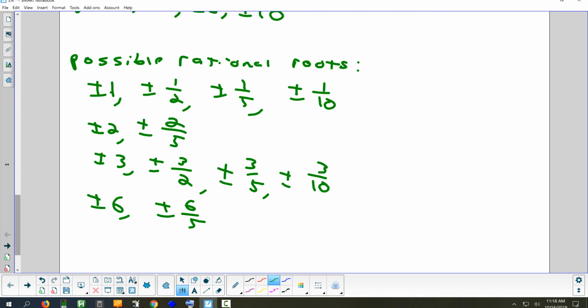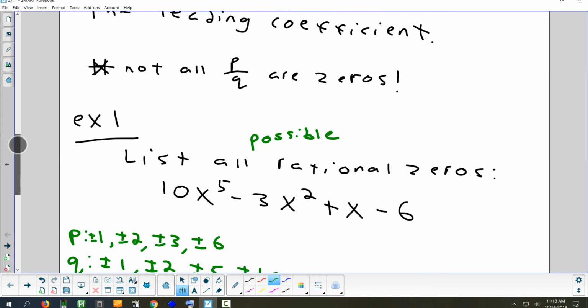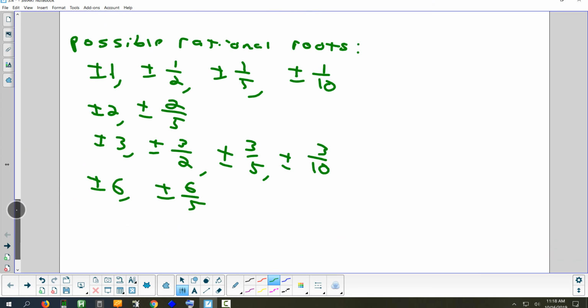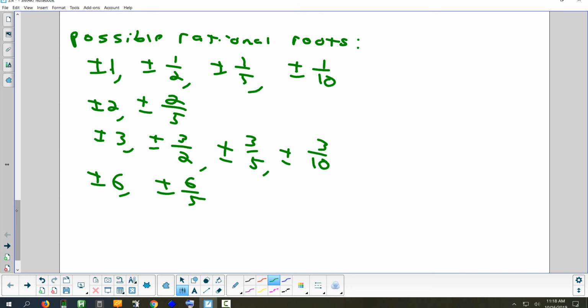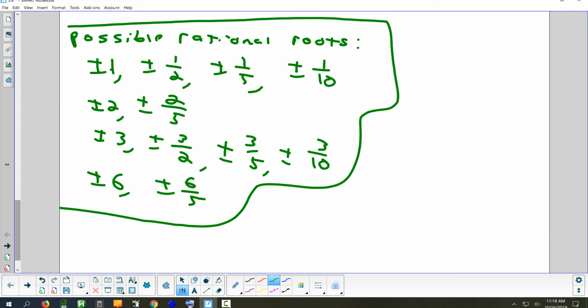So what this list says is if you graph this polynomial and it is going to cross the x-axis, if it crosses at a spot that's a fraction, it has to be one of those numbers. It can't cross the x-axis in a spot that's a fraction and not be a number in that list. This graph might not even cross at a fractional number.